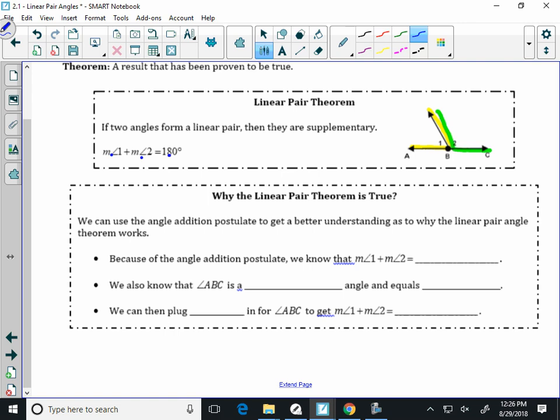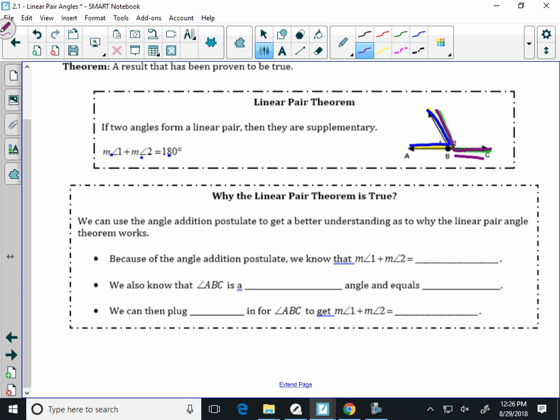Okay? So because of this postulate, we know that the measure of angle 1, this angle right here, plus the measure of angle 2, that angle right here, creates, what big angle do they create? ABC. We create this bottom angle. Again, it's like if you take the slanted ones and fold them down and create a straight line.